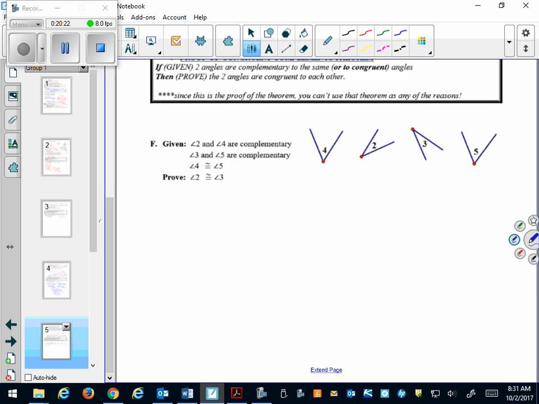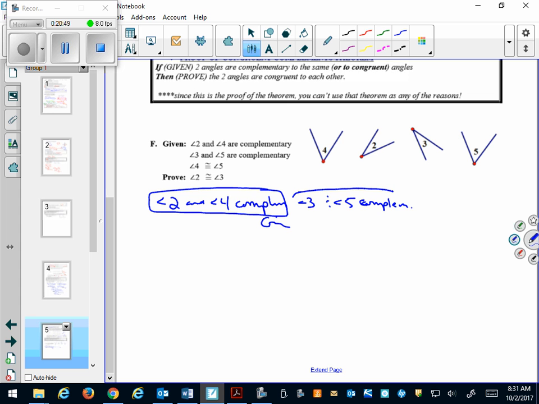Okay, so this proof, actually, the proof of the theorem, is using that little dot, dot, dot part. It's saying that 2 and 4 are complementary, and 3 and 5 are complementary, and then it's saying, okay, and that says given.